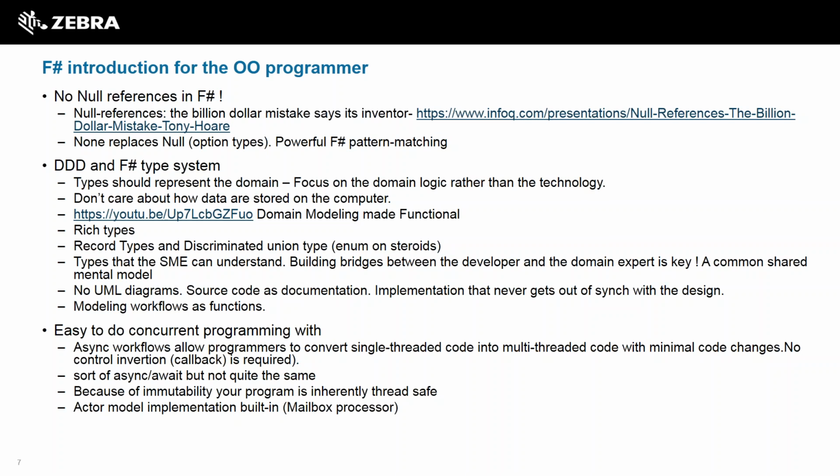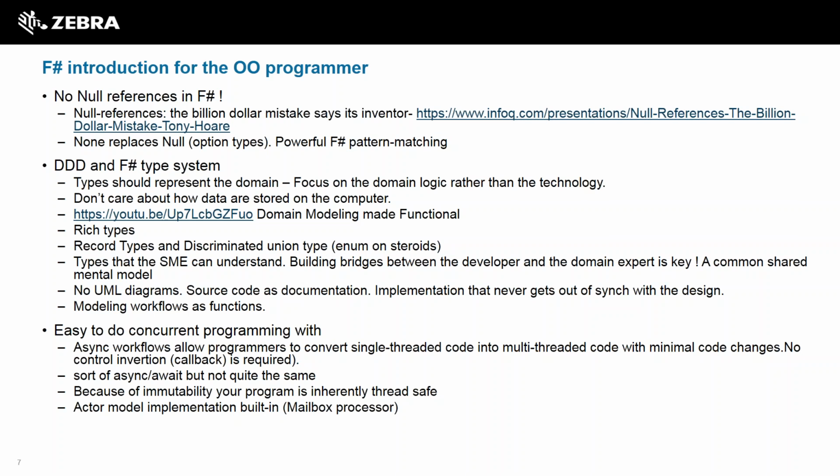In F#, we mentioned we have type inference, and that eliminates the need for the programmer to specify types of functions or values. The compiler will automatically do the magic and get them for you. That's not the only unique thing about the F# type system. F# has a rich type system that allows developers to accurately represent the model of a subject matter expert.